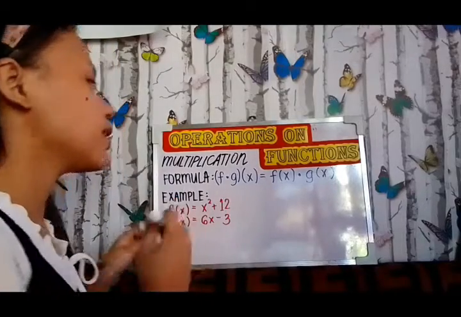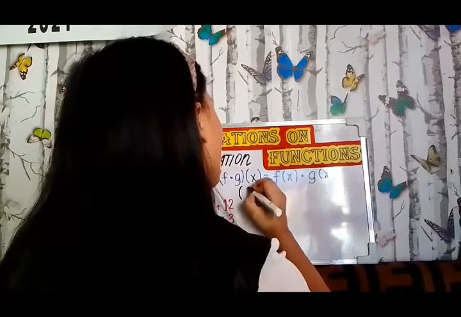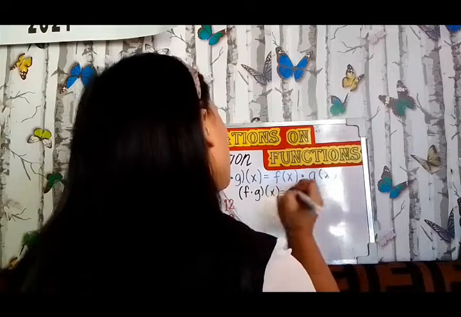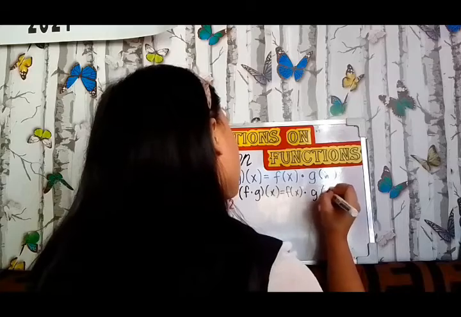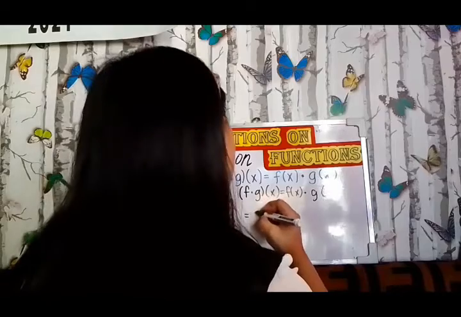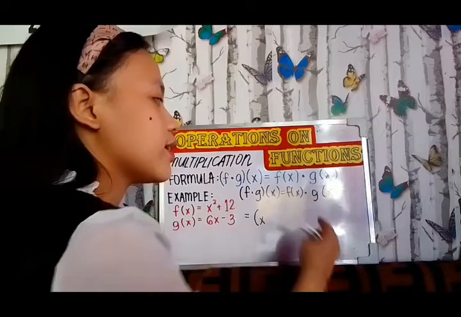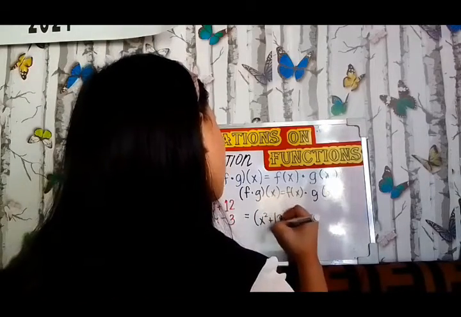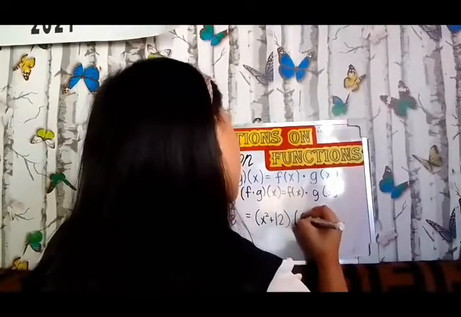Just like on the previous concepts, we rewrite the formula: (f times g)(x) is equal to f(x) times g(x). We use grouping symbols because it's multiplication: x squared plus 12, and for g(x), 6x minus 3.